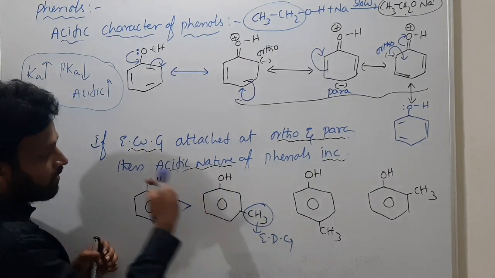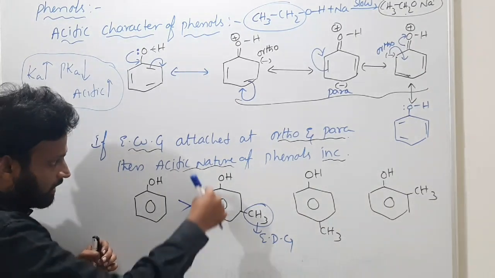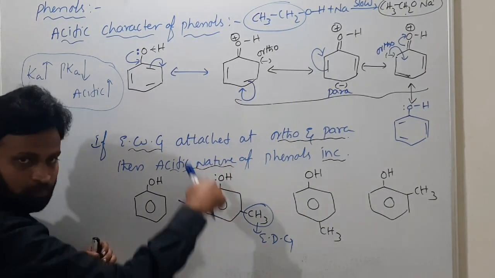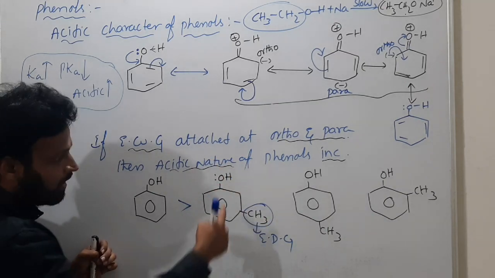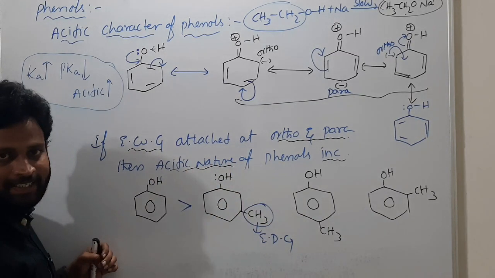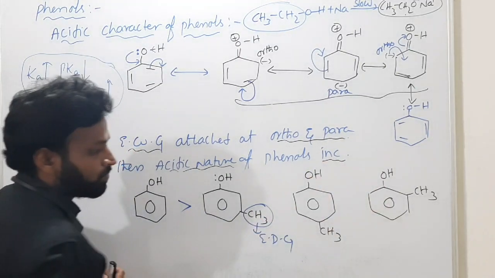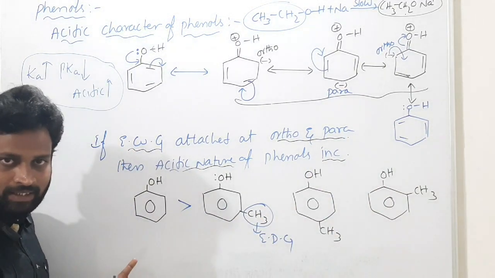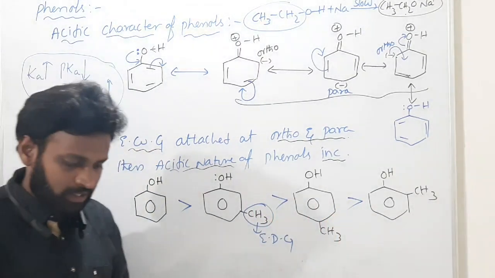But here the methyl group is donating, whereas withdrawing is required to lose H plus. The electrons must come downwards, but the methyl group is donating electrons upwards, so H plus cannot come out easily. So phenol is more acidic than these when electron donating groups are there. Understand? So this is the model. That's it. This is about acidic character.